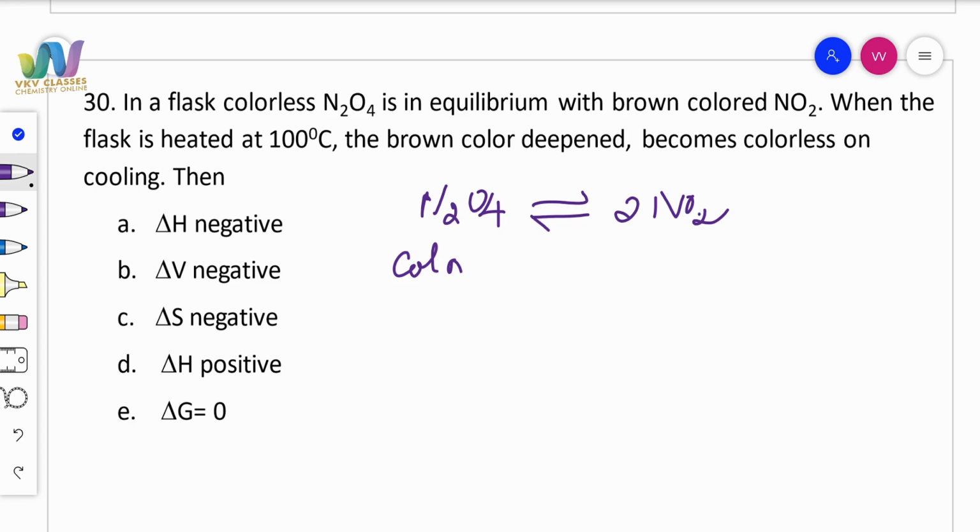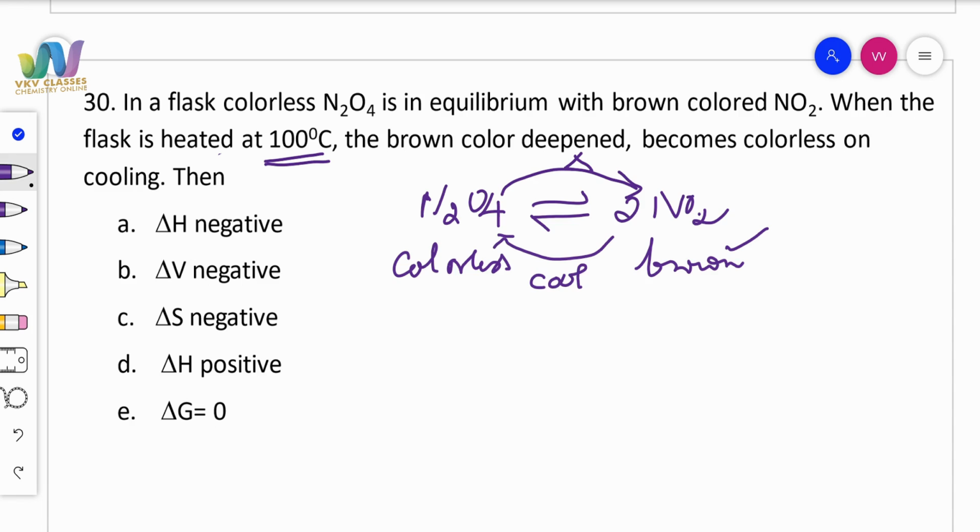This compound is colorless and this compound is brown in color. It is given that when the flask is heated to 100 degrees Celsius, the brown color deepened. That is, on heating, the equilibrium is shifting in this direction, and on cooling, it is going in this direction.